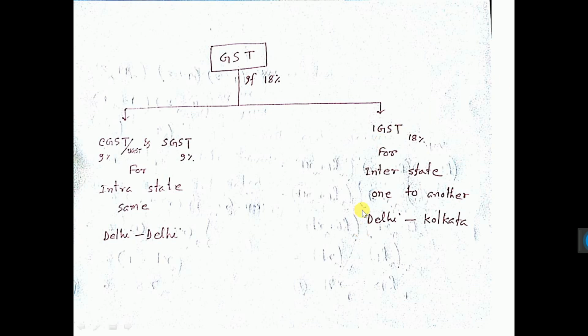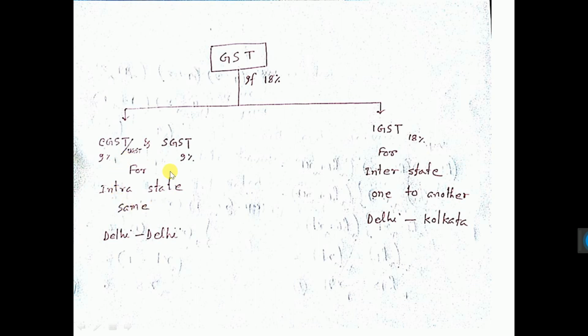That is called interstate. So intra means purchase and sell in the same state. Interstate means purchasing from one state and selling in the other state. For interstate we will use IGST only, that is Integrated GST.